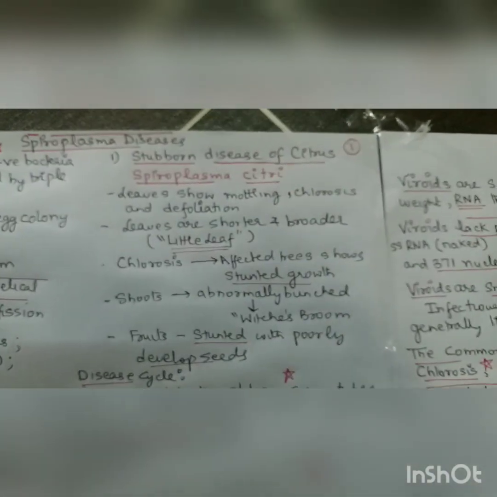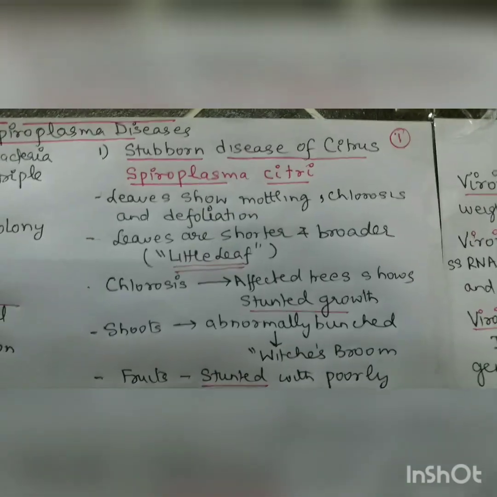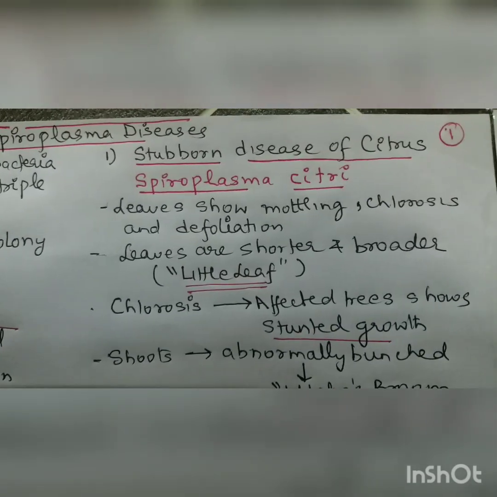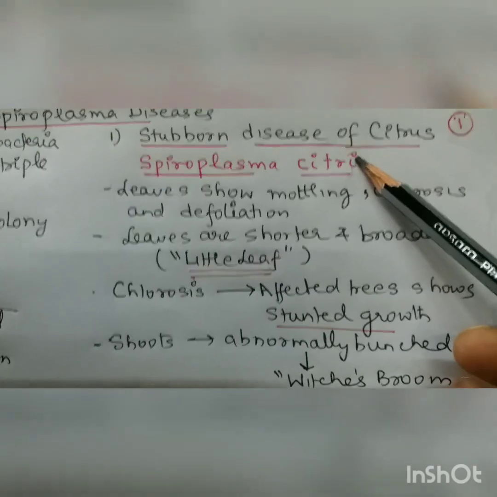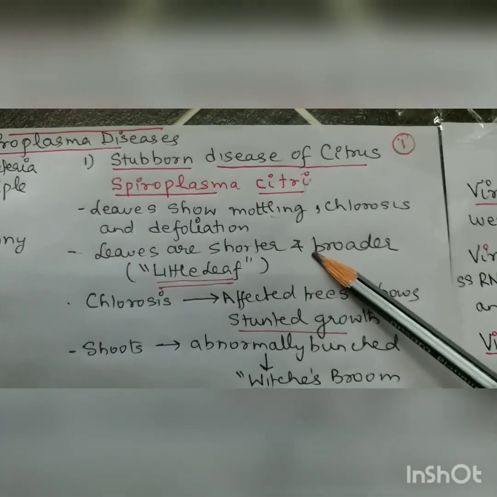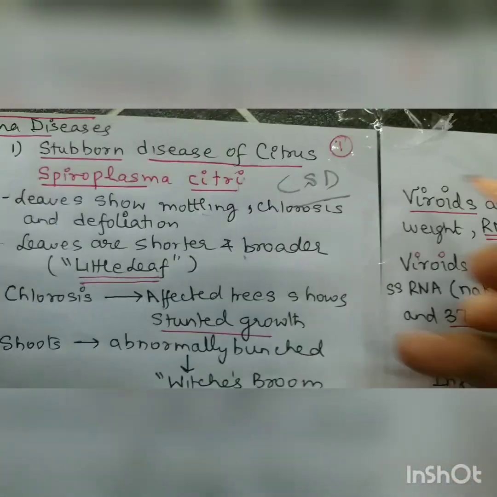The first Spiroplasma disease we are doing is the stubborn disease of citrus, and this stubborn disease is caused by Spiroplasma citri, right? So this is also called citrus stubborn disease, that is CST, right?